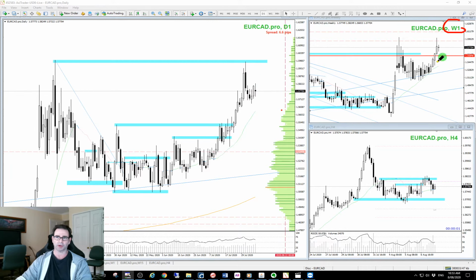So when you look at the high time frame structure, beautiful push, you can see pushing right away from the 20 period moving average, which is in itself a great visual guide.